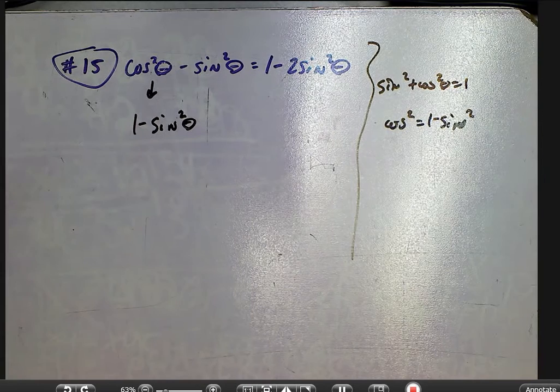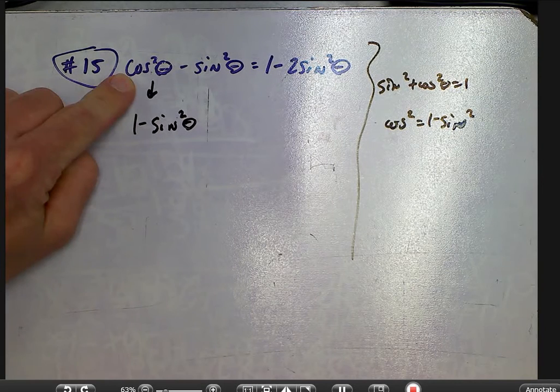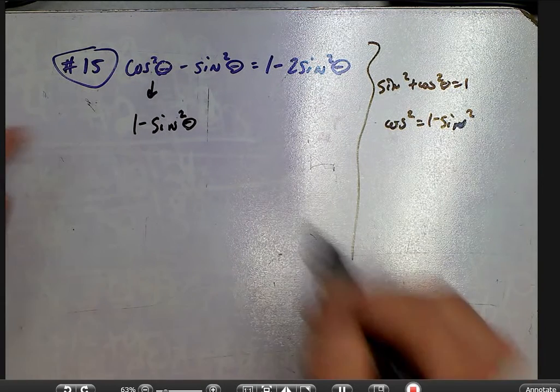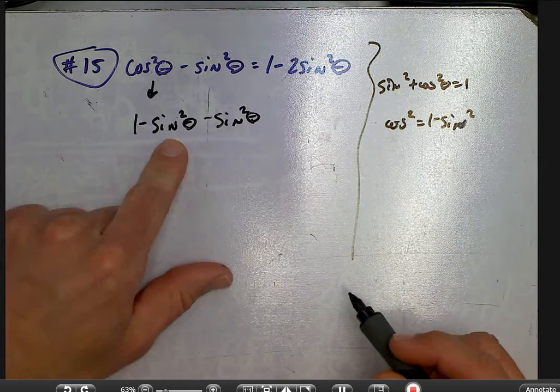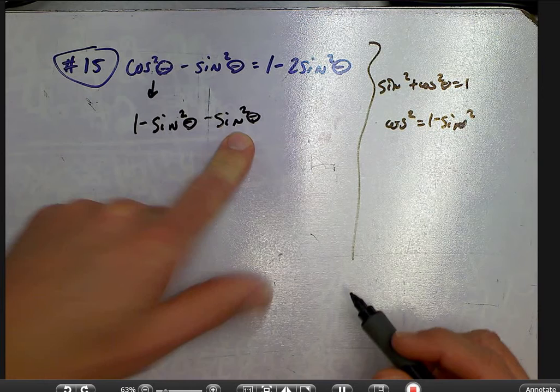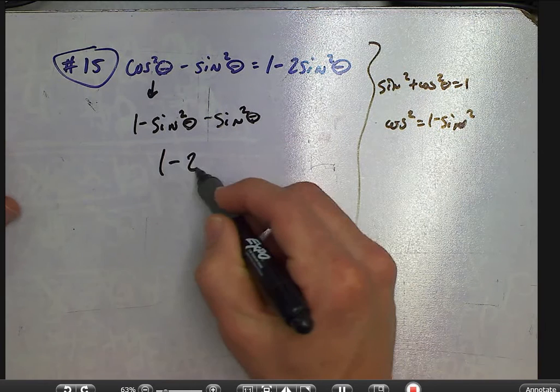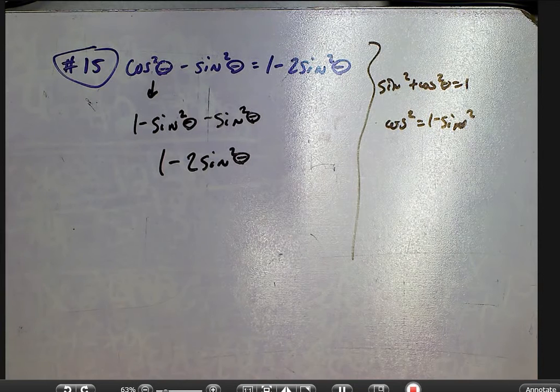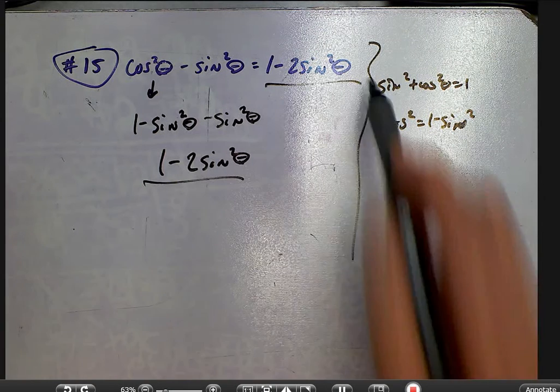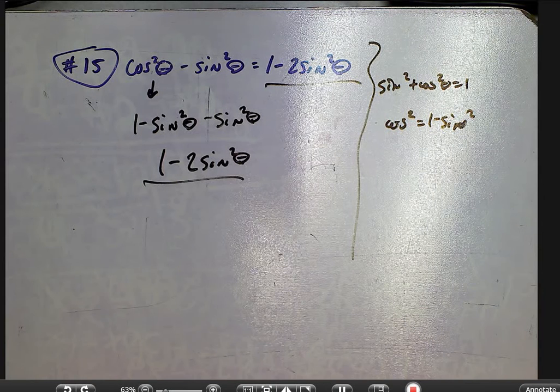And so I'm going to replace cosine squared with 1 minus sine squared, and then minus sine squared of theta. Negative sine squared theta, negative sine squared theta makes negative 2 sine squared theta. And that's all I have to do on number 15, because now the left looks like the right, and I've verified that. Okay? Let's go ahead and move on to example number 2.